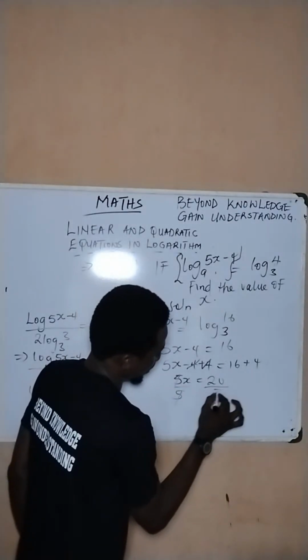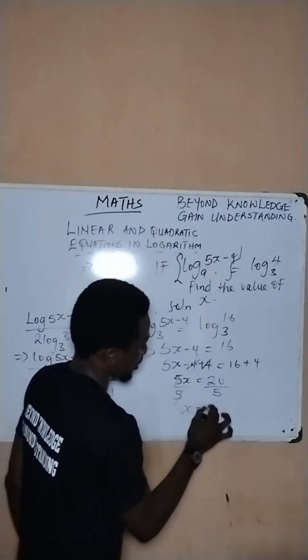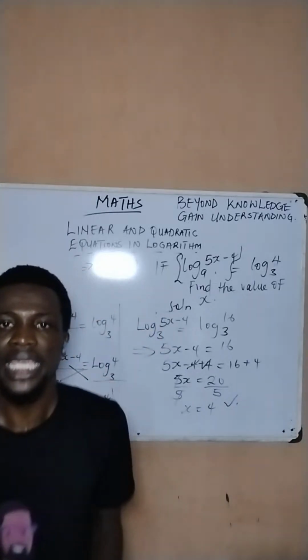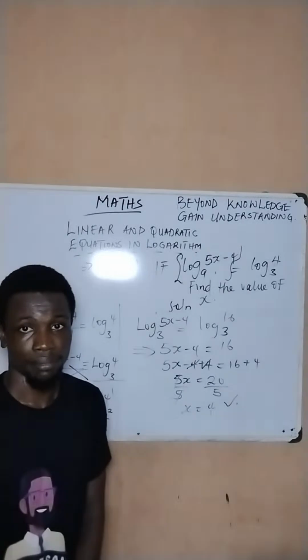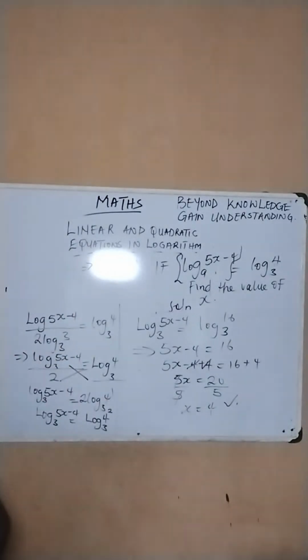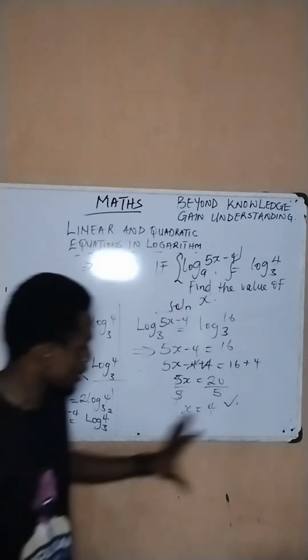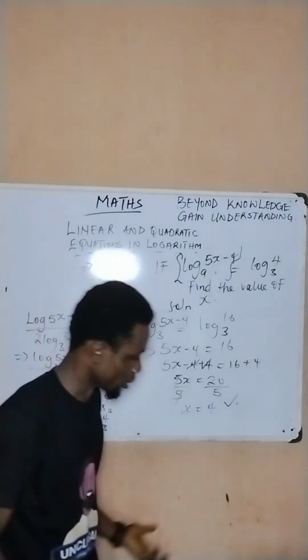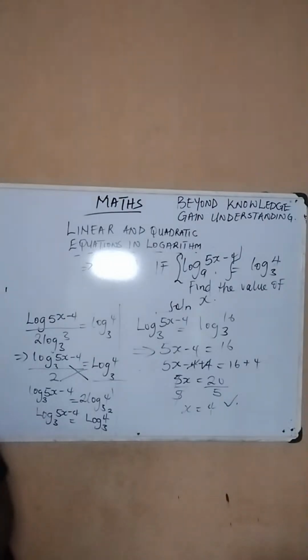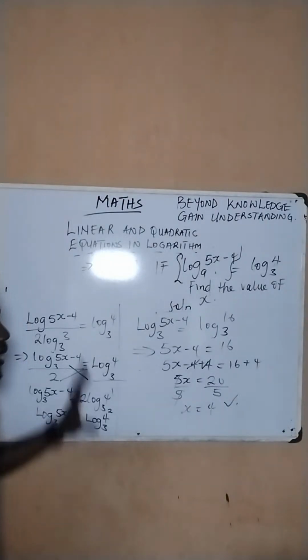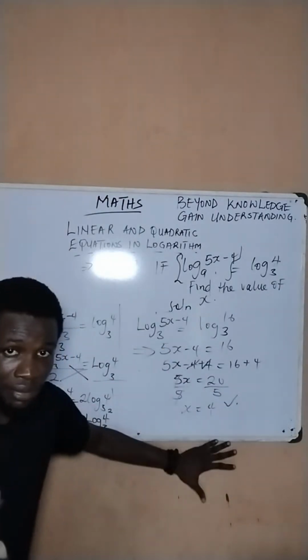So if you divide both sides by 5, your x is equal to 4. This is what we have here. x is equal to 4. So we've gotten the value of our x to be equal to 4. Now, this is what we've arrived at.